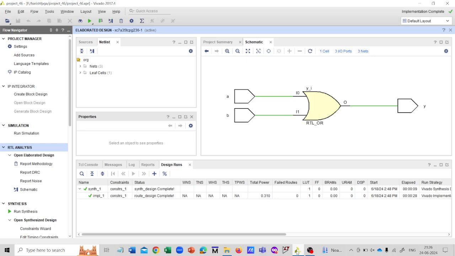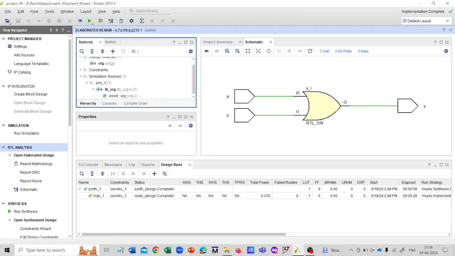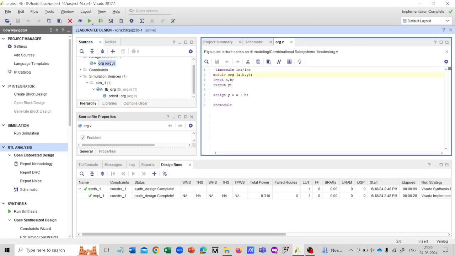So what you are seeing right now is the schematic of the synthesized hardware. It's a very simple OR gate, as you can see, and the test bench is already loaded. The sources window will show the original OR gate model and the test bench. Anyway, these fonts are too small. I will be sharing these codes. Okay, let us get down to the actual purpose for which we are using this flow.